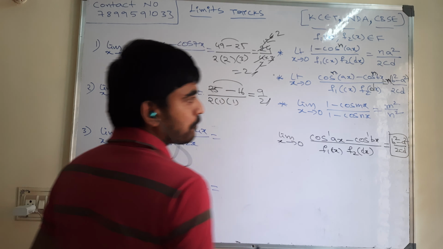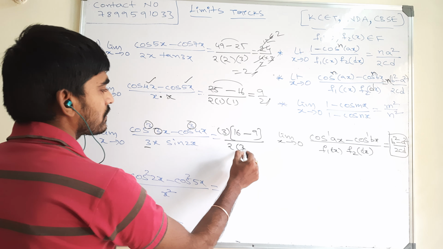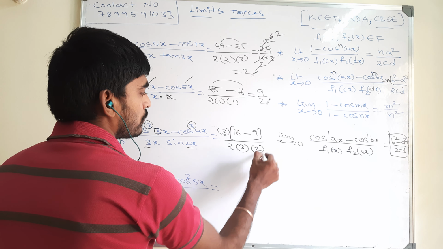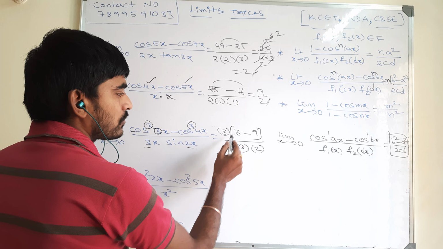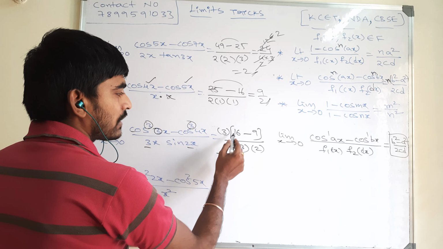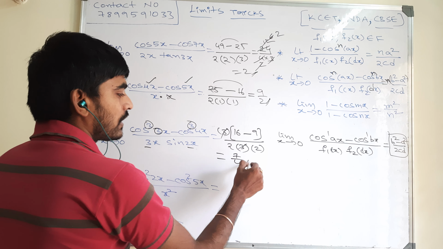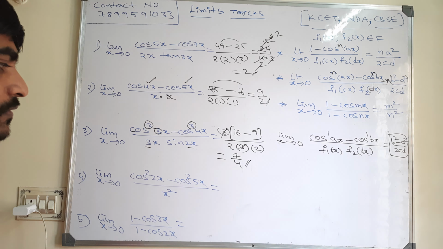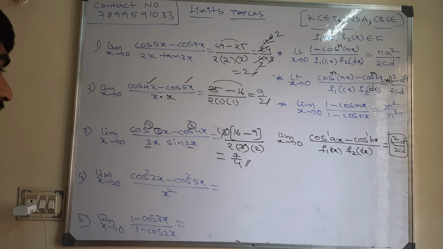So 3 into (4 square is 16 minus 3 square is 9), whole divided by 2 into c value 3, d value 2. 16 minus 9 is 7, the 3 gets cancelled, so 7 by 4 is the answer. Is it tough? Just try to remember the trick.